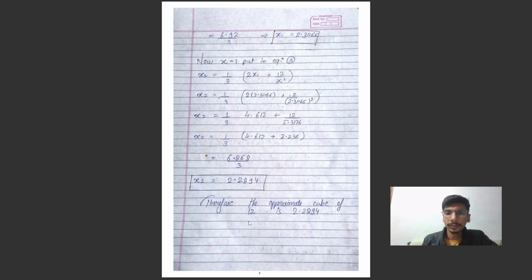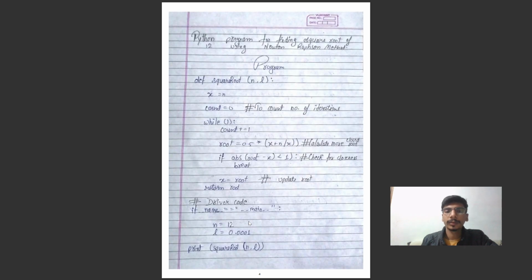Now we are moving further, coming to our second question, which is a Python program based on the Newton-Raphson method for finding the square root of 12. In this program, we have made one function named square root. We have used the def keyword because it is necessary in Python to use def for making a function.